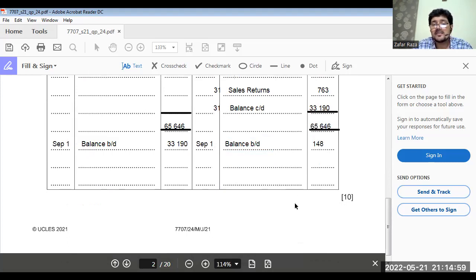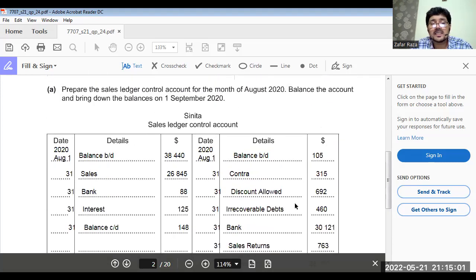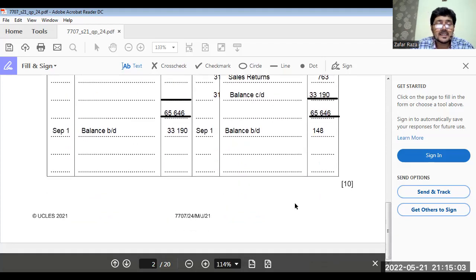Oh, mashallah. We have scored 10 marks. Okay. This is how we have to compute that.